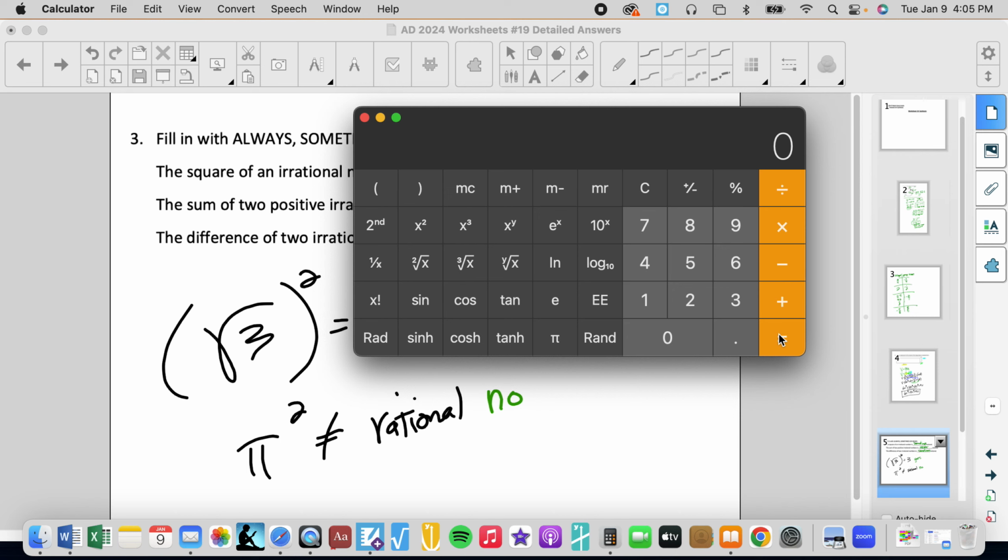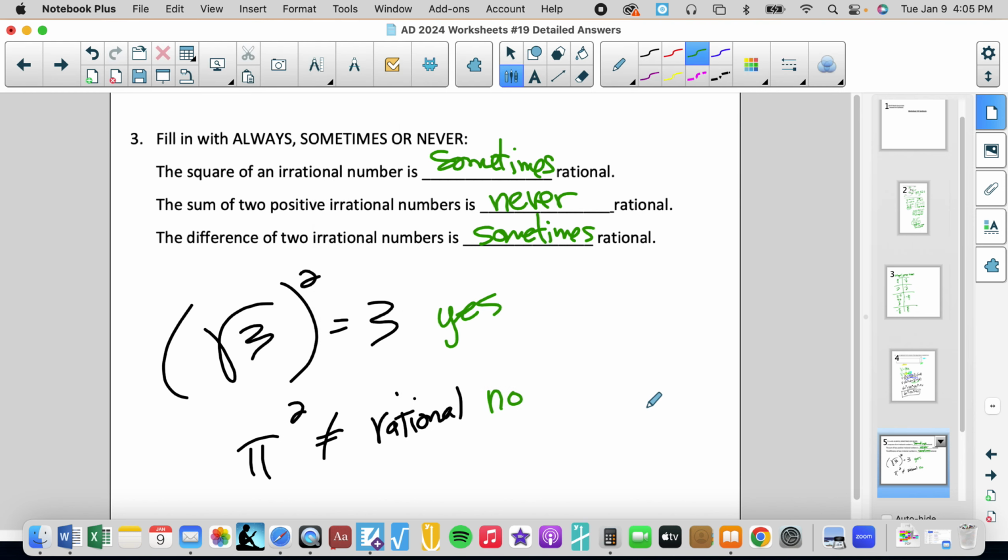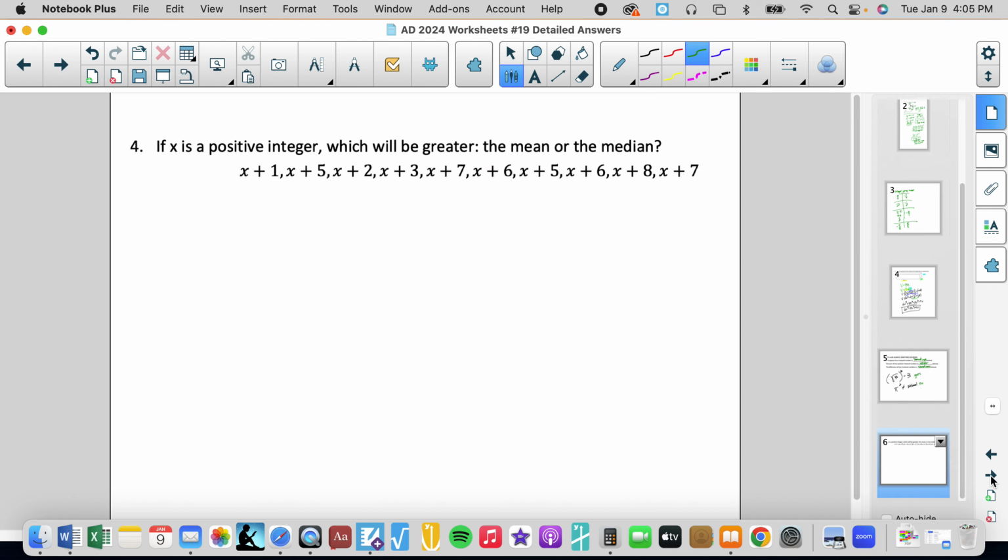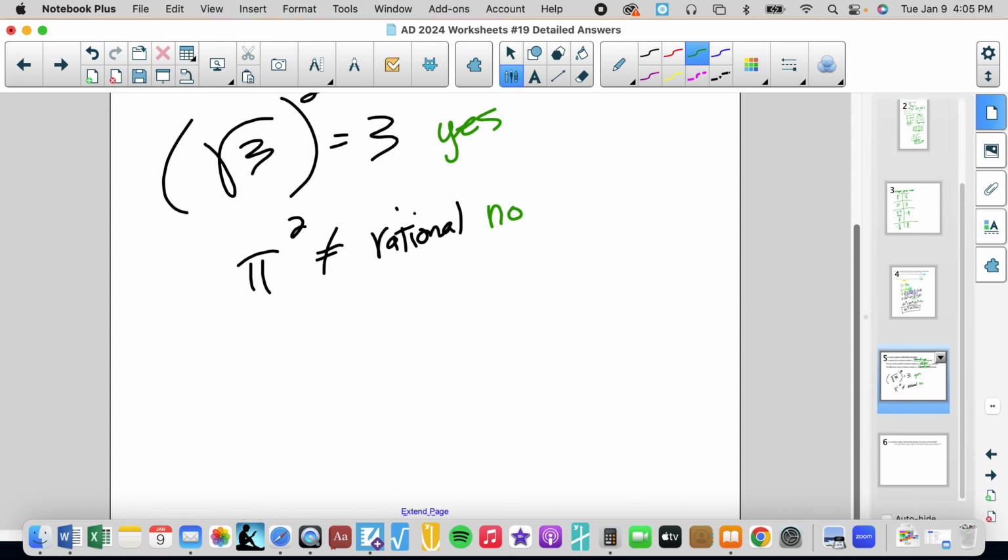Well, it is sometimes. What's the example I want to give? The difference of two irrational numbers is sometimes rational. Like rad 6 minus rad 3 is not going to be rational, right? So I can give a situation where rad 6 minus rad 3 equals an irrational number.